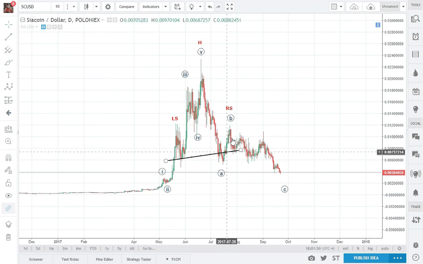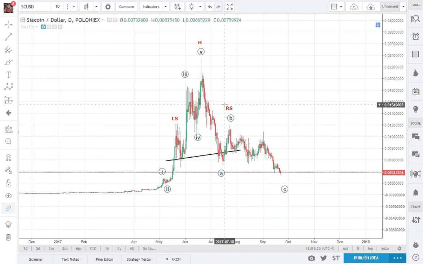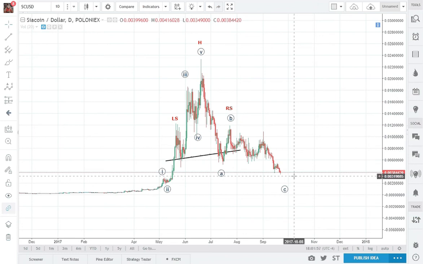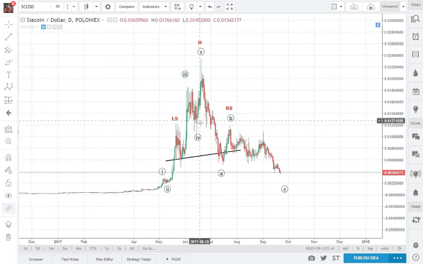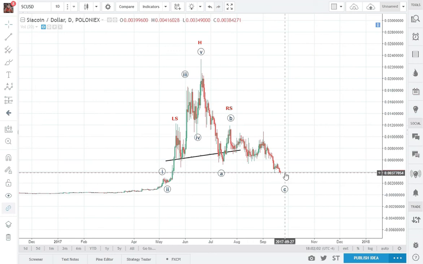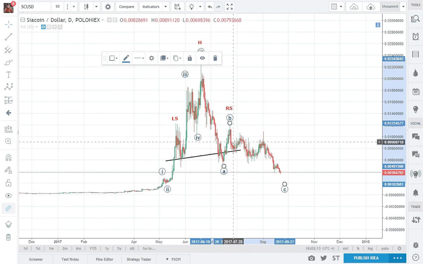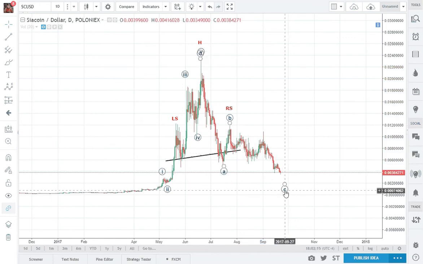So let's go back to the count. We have A, B, and C. If you didn't see any of these prices here, you could have marked this as A, B, C. But having seen a lower low, this is not C, but rather A, B, and then C is not finished.